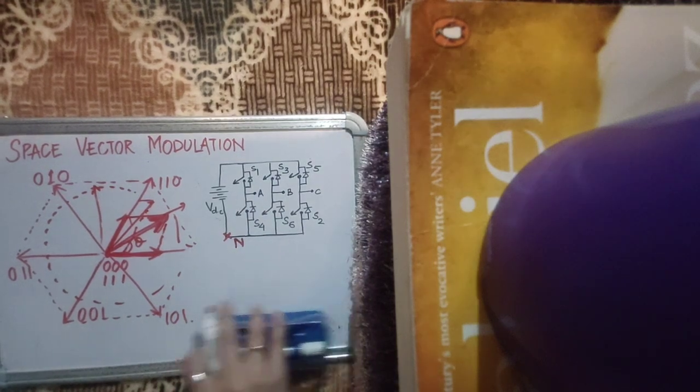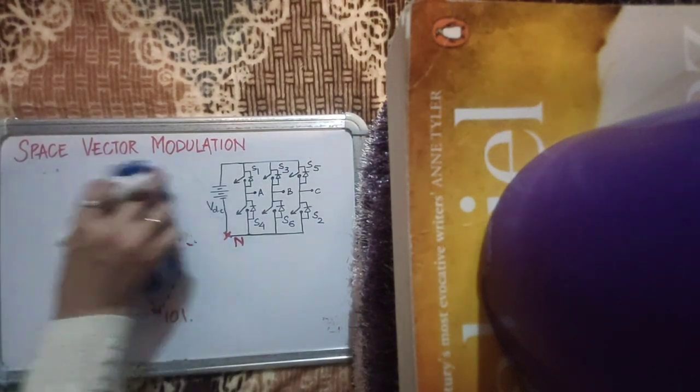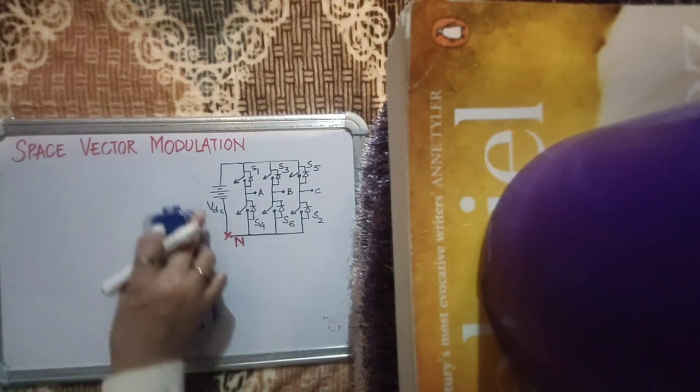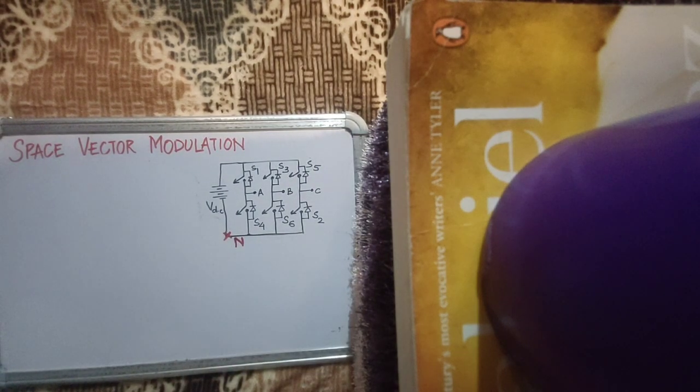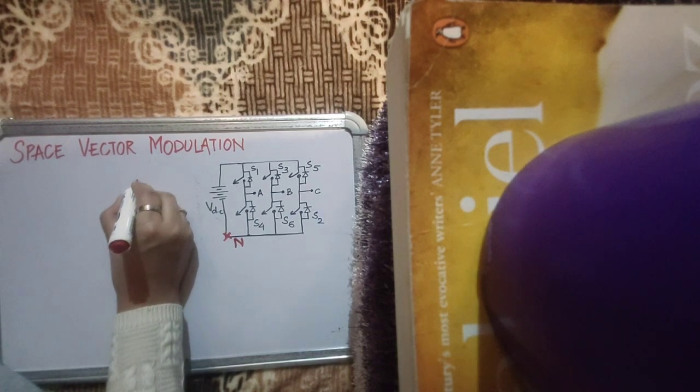So now this brings us to calculating for how long we have to switch which vector. Let me take the first sector. This was a space vector diagram, which you could break up just like a pizza into six cones, or we call them 6 sectors. Let's take the first sector.